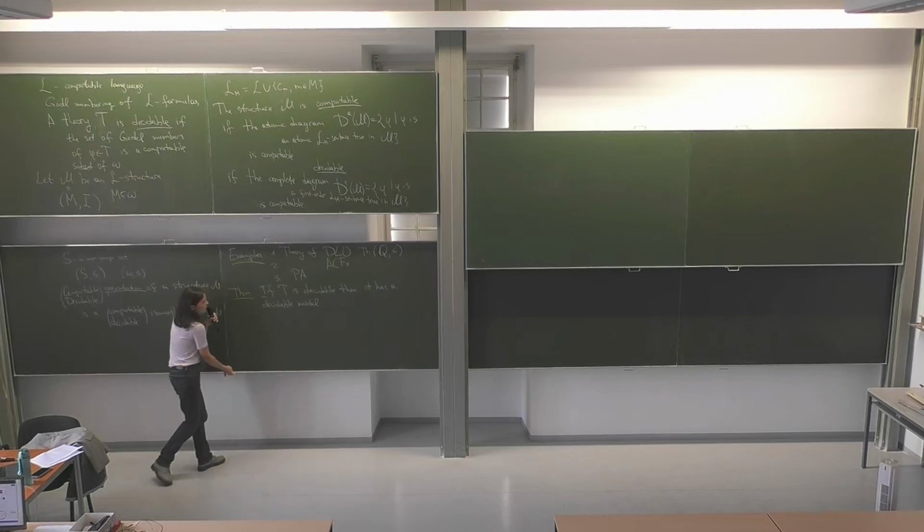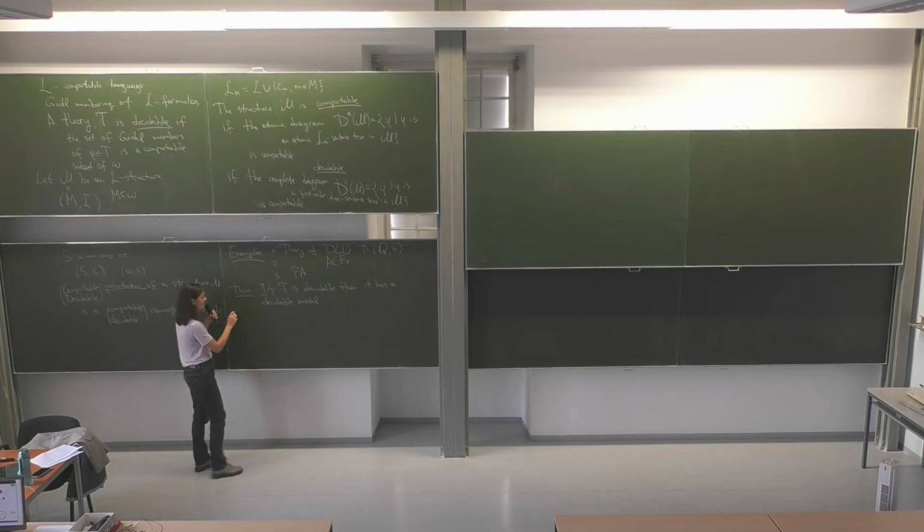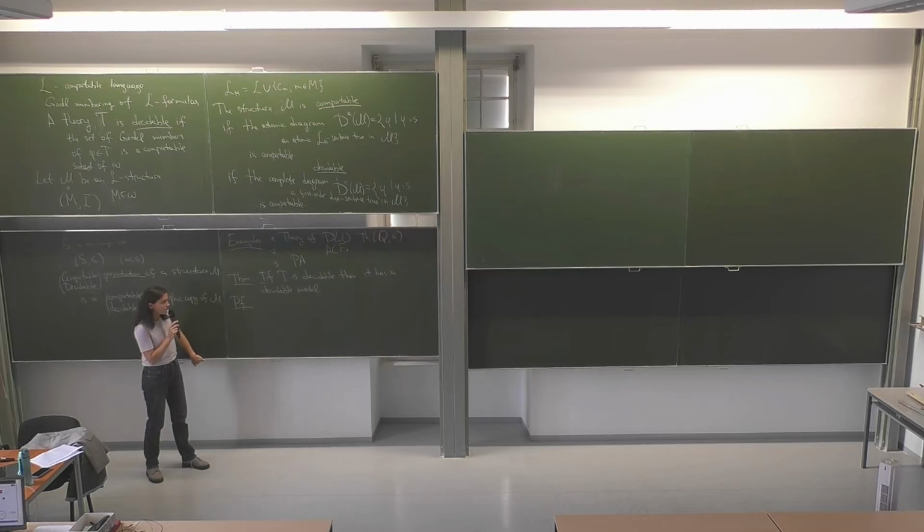And the proof is pretty much the usual proof, the standard Henkin construction, existence of a model of a theory. The only thing that we need to do is to check that everything that we do there is effective.